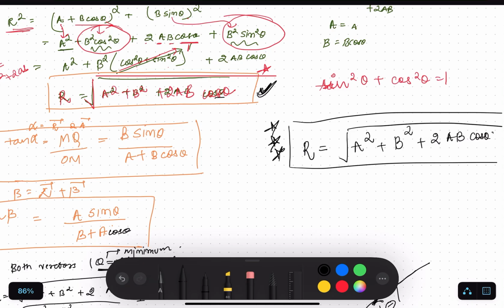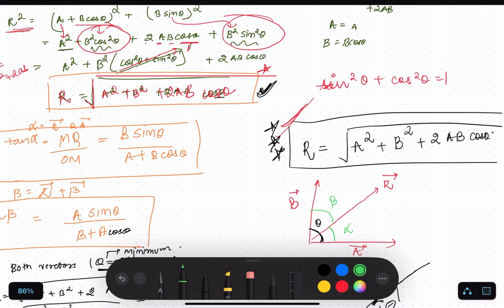Okay, so this is going to be the first formula that you're going to copy in your notes book, and along with that you're going to draw this diagram in your notes copy, that this is the A vector, this is the B vector, and this is the resultant vector R, and you will draw angle theta, and you will draw two more angles, that is angle alpha and angle beta.